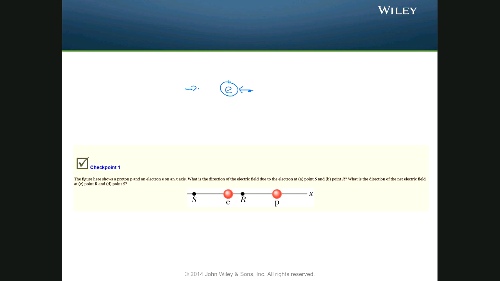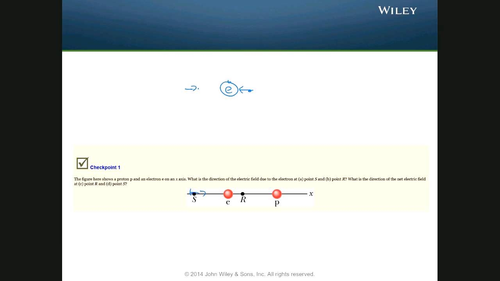Well, this could actually be an interesting question. So now we'll actually write right on here. At point S, we have a small field going towards the electron, and we have an even smaller field pointing away. And how do I know it's smaller? Because the proton is, by definition, much farther away, right? They have the same charge, the same K is involved, but we know that this distance is bigger.